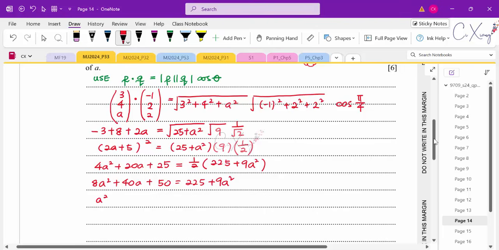So by right, you'll be getting this. Then try to factorize it. And after that, you'll get two values for the a, where a is equal to 35 and also a equals to 5.